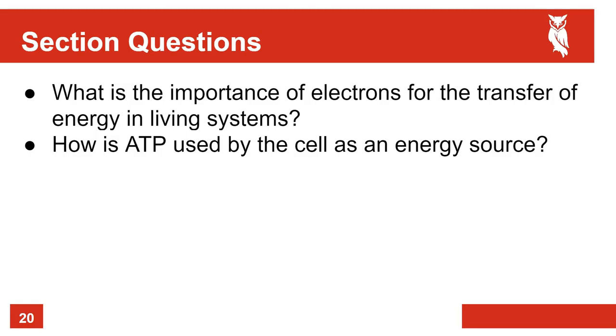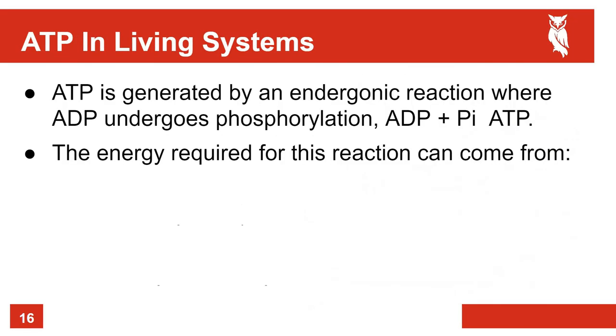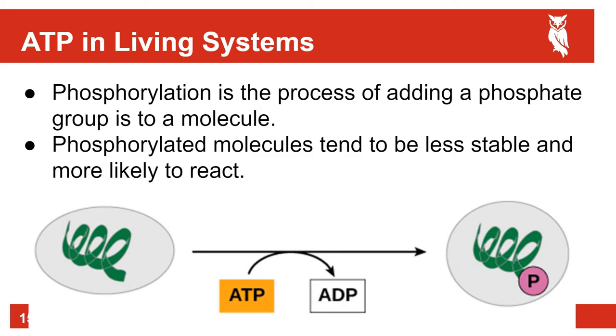How is ATP used by the cell as an energy source? Yeah, it's consumed. What does it turn into? ADP. ADP, adenosine diphosphate. So this is what we call phosphorylation, where the phosphate group from ATP will be attached to a protein, and then that is how it transfers that energy, by moving that phosphate group.